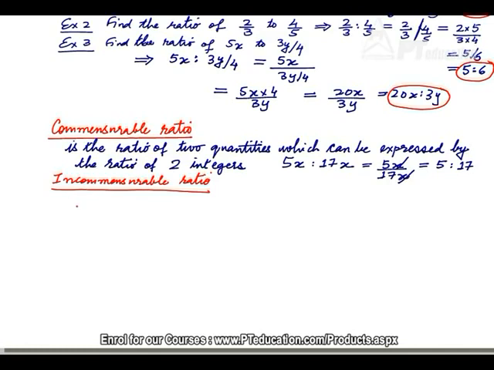Example, 5x is to 17x is the same as 5x upon 17x, which is the same as 5 is to 17. Thus, 5 is to 17 is a commensurable ratio because both numerator and denominator, or antecedent and consequent, are integers.